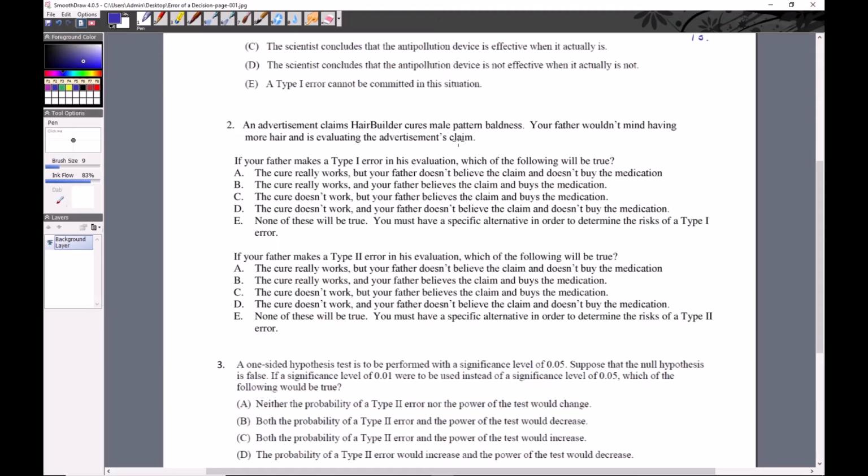Let's see. H0 is that it cures baldness, and HA is that it doesn't cure baldness.